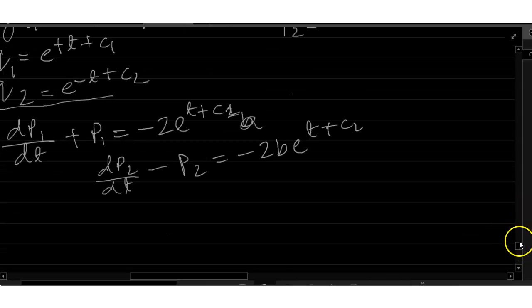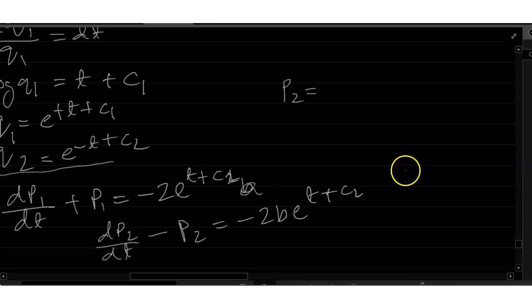So p2 is equal to minus 2b t e to the power t plus c2, plus e to the power t plus c3.